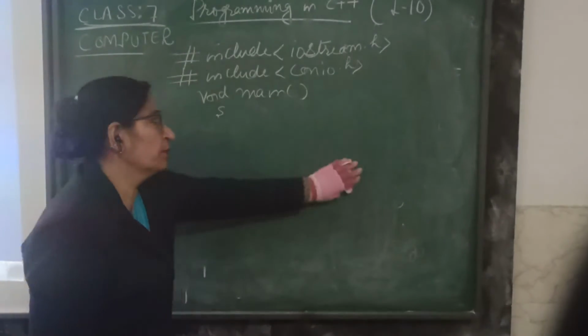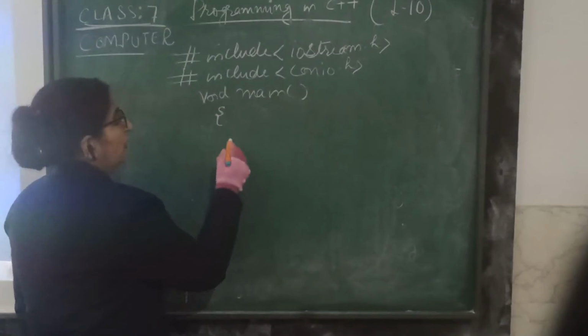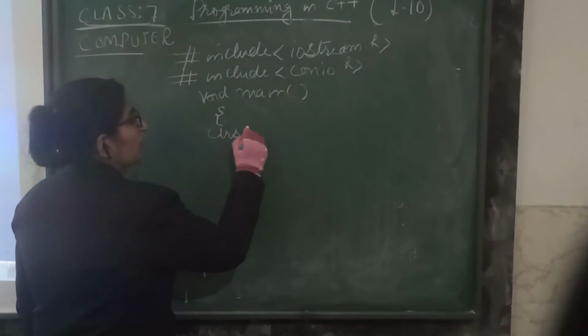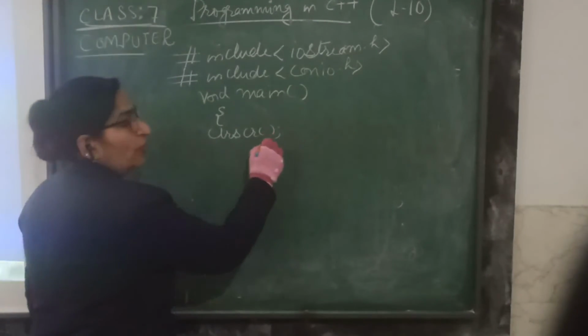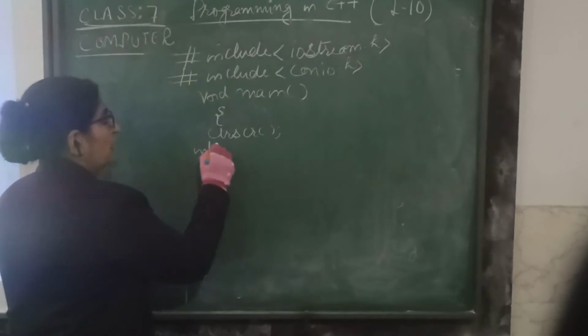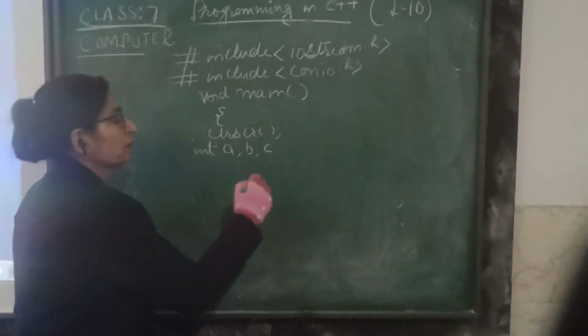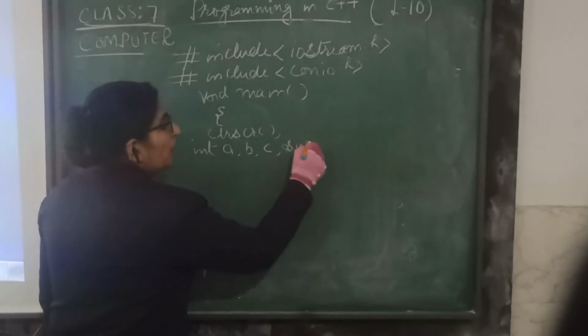Let us take one more program to find the average of 3 numbers. That program is quite simple, children. After void main, here we write clrscr and take the variables which are required to find the sum and the average. Int A, B, C for 3 numbers, sum and average.